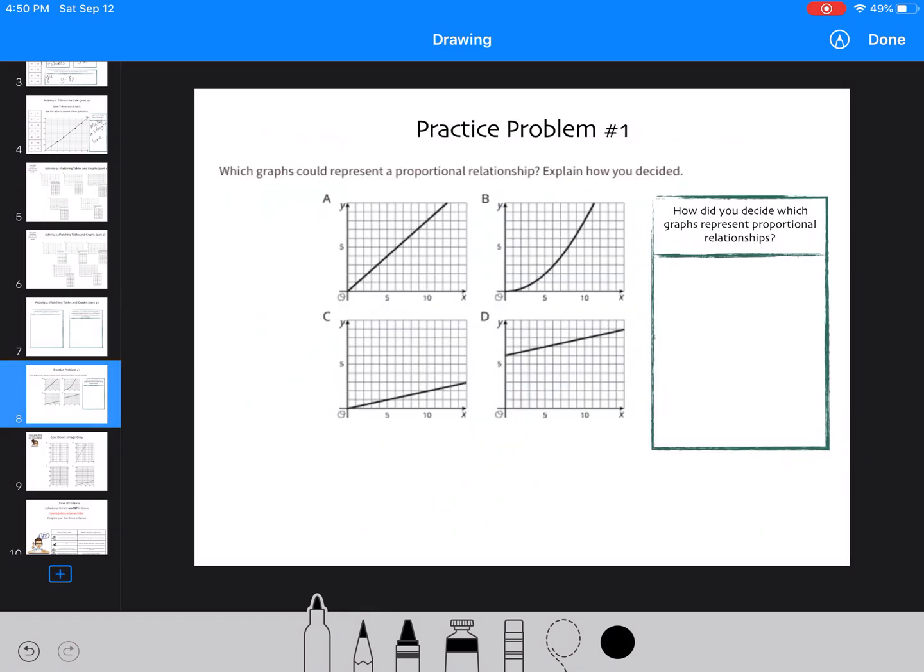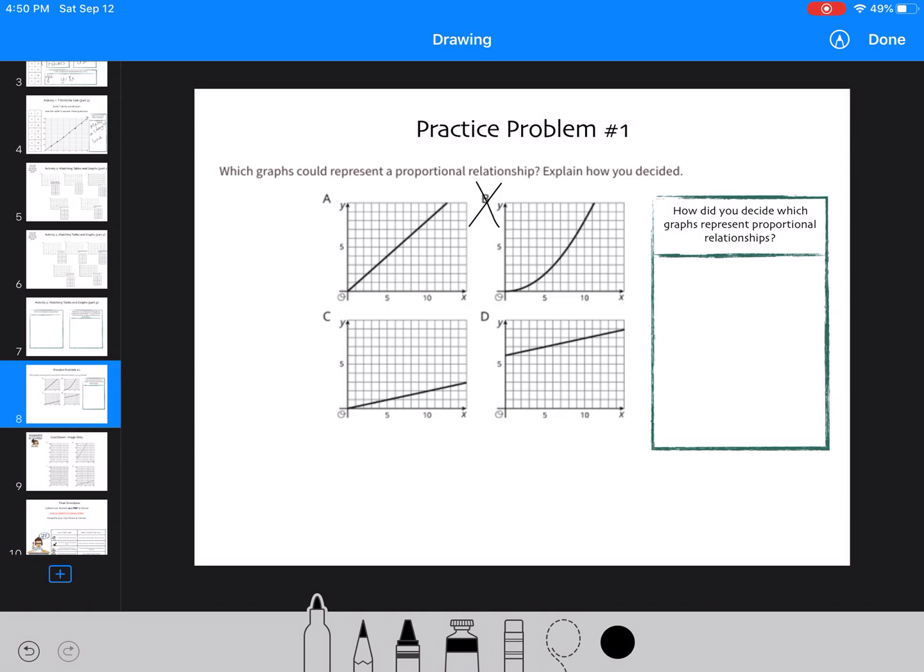So, which of these graphs could be a proportional relationship? How do you know? So you can't choose more than one. So I do see a couple of, well, yeah, it says I could choose more than one. So I have to decide which of these could be a proportional relationship. So I know that definitely B is out, right?